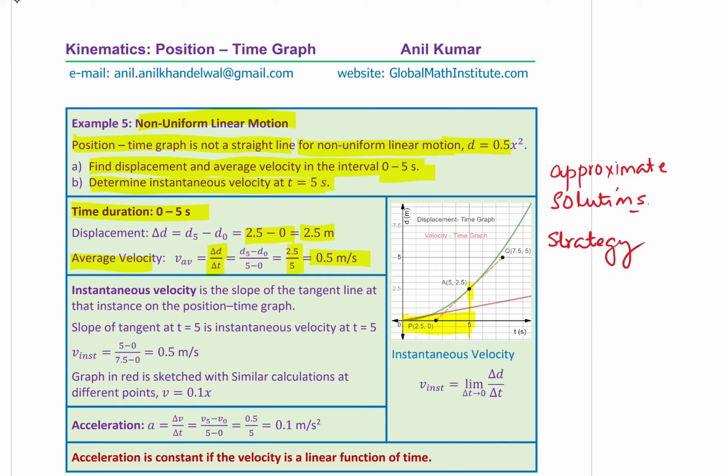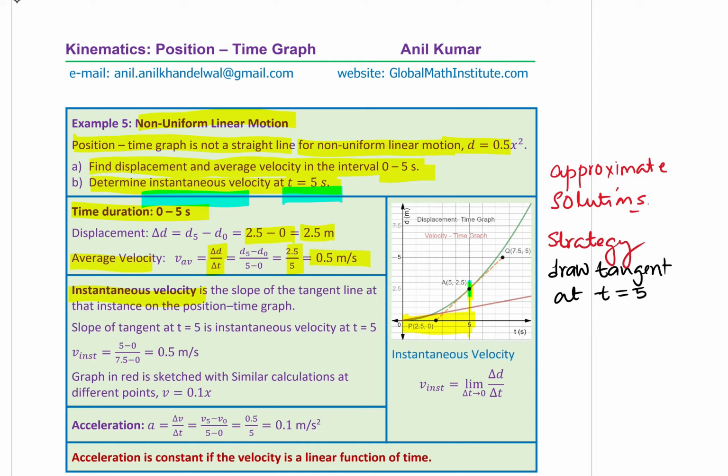Now let us find the instantaneous velocity at t equals to 5. So that is the second part of this, to find instantaneous velocity at t equals to 5. So at this particular point, to find the instantaneous velocity, what are we going to do? We have to draw a tangent, right? So that is the first thing. Draw a tangent at t equals to 5.